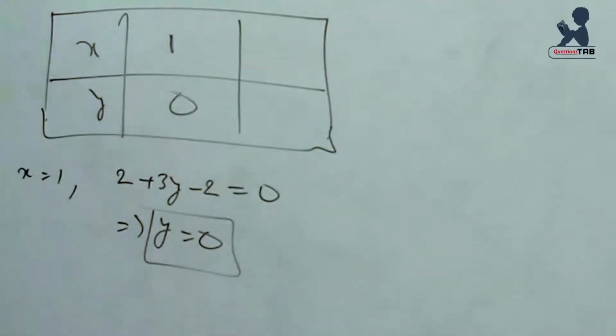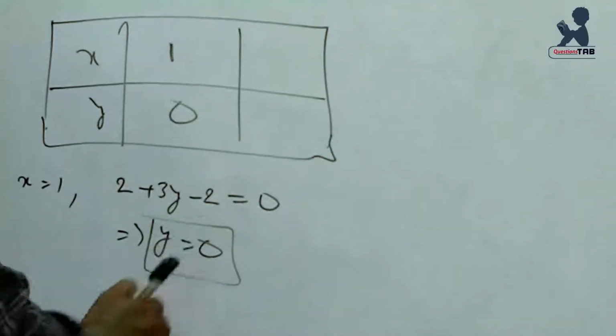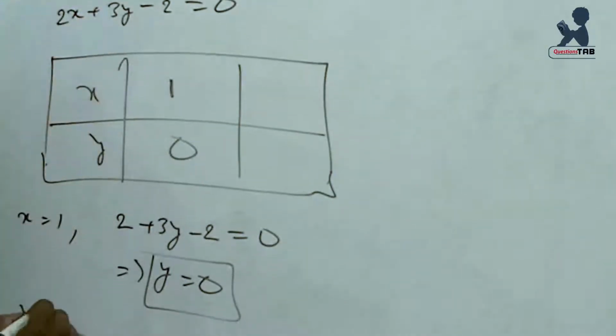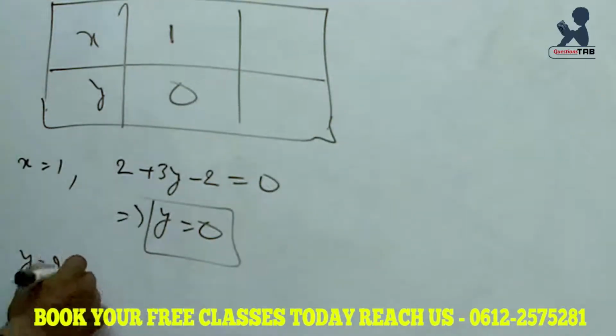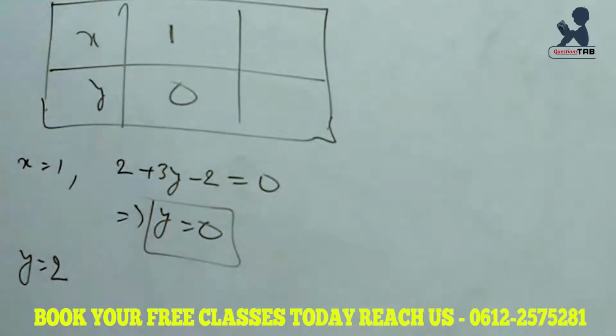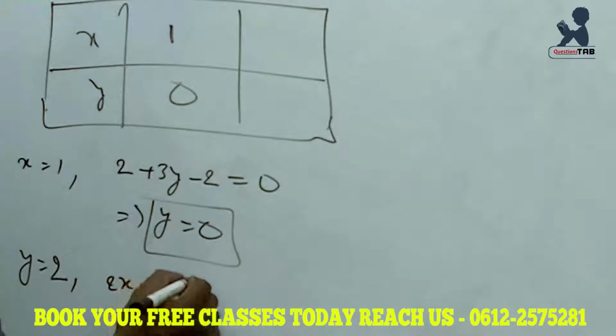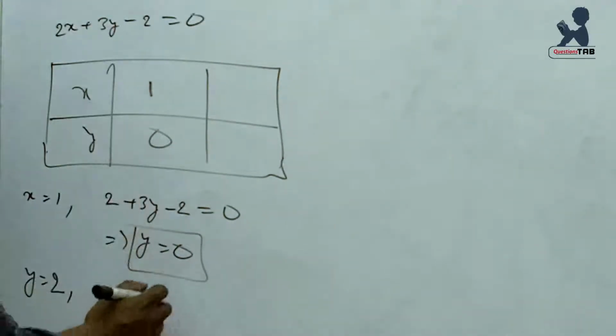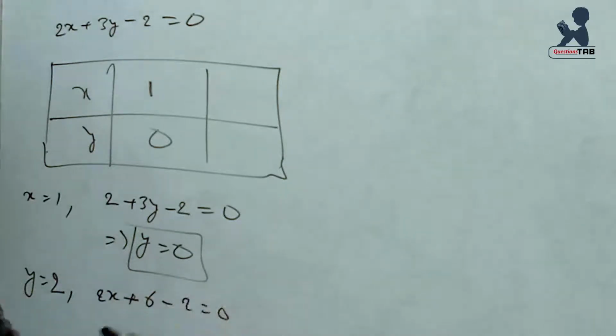So for x equals 1 we get y equals 0, and again for y equals 2 we get 2x plus 6 minus 2 equals 0.